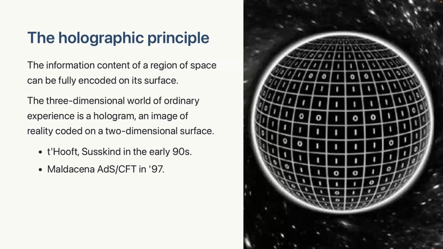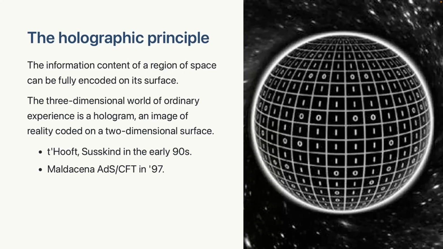And that brings up the holographic principle. It's a bit weird that the maximum amount of information that you can contain in a region of space is proportional to its surface area. This, by the way, is independent of black holes. We came to this conclusion by considering black holes, but it applies to any region of space.